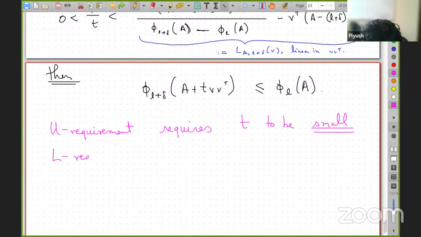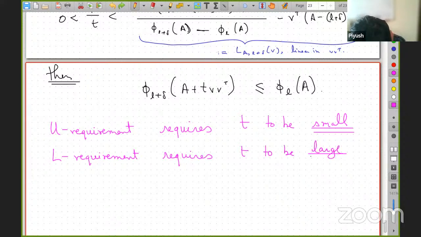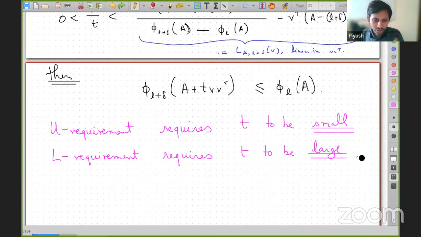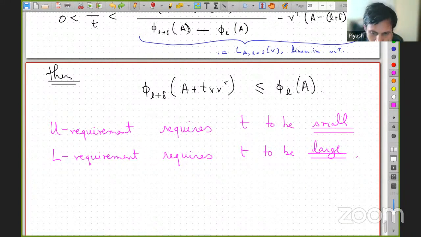L requirement requires T to be large. Okay, so our goal is to find these parameters delta L, delta U, epsilon L, epsilon U, U0, L0, so that at each step, both the U requirement and L requirement can be satisfied for some V and some T.